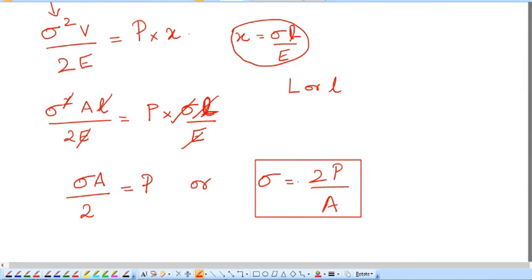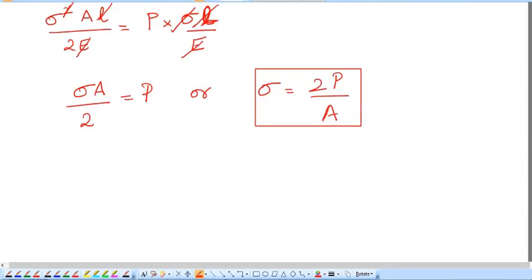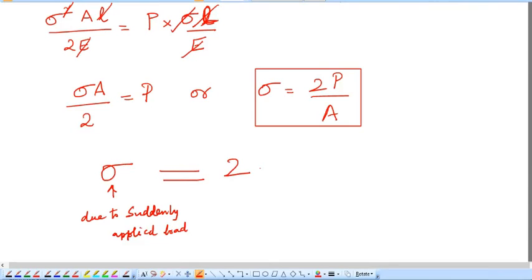So what can be inferred from this equation? So the stress due to a suddenly applied load is equal to 2 times load by area. So what is this load by area?